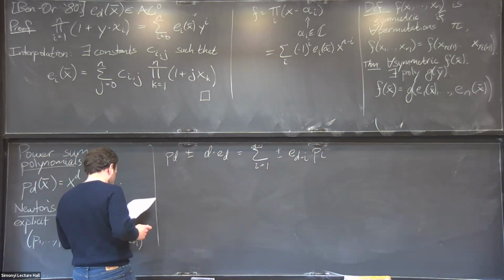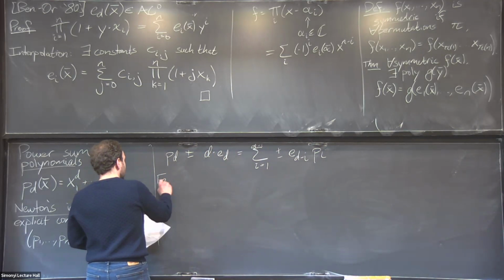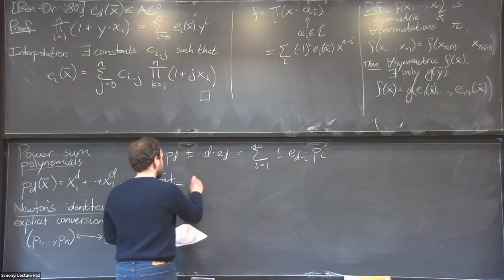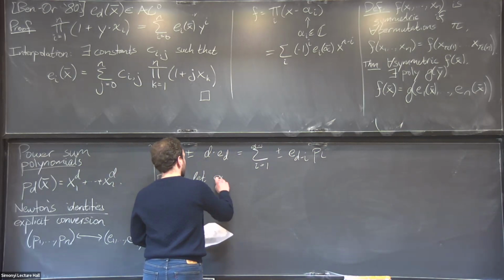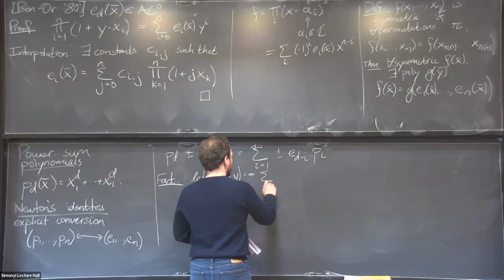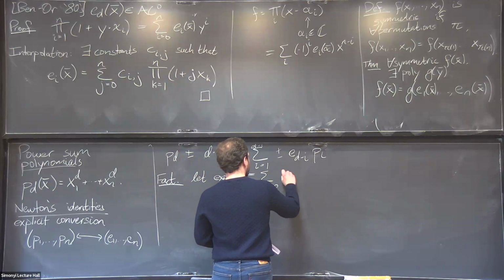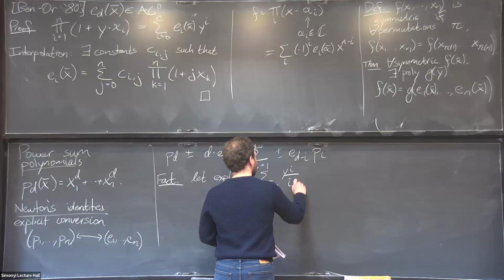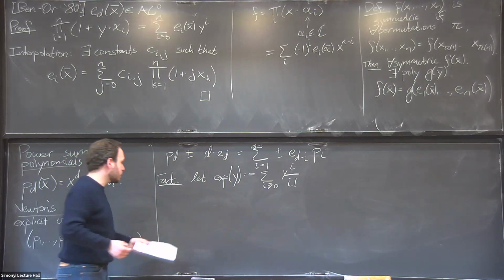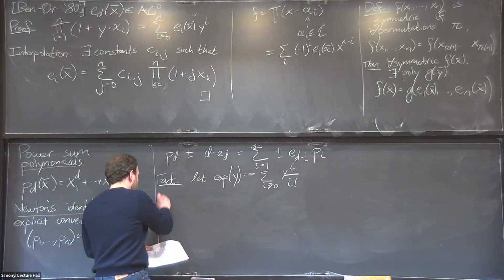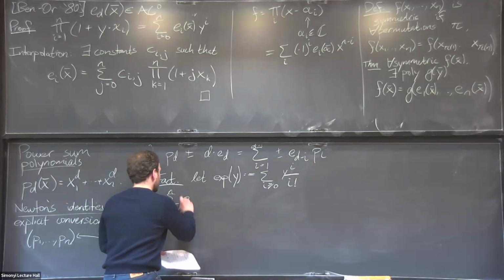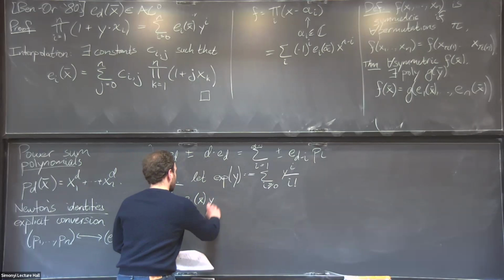So there are other ways of expressing these identities. Let me tell you one of them. Here I'm going to look at some formal power series, where the exponential is just the formal power series corresponding to the exponential function. And it turns out that you have an identity of power series.